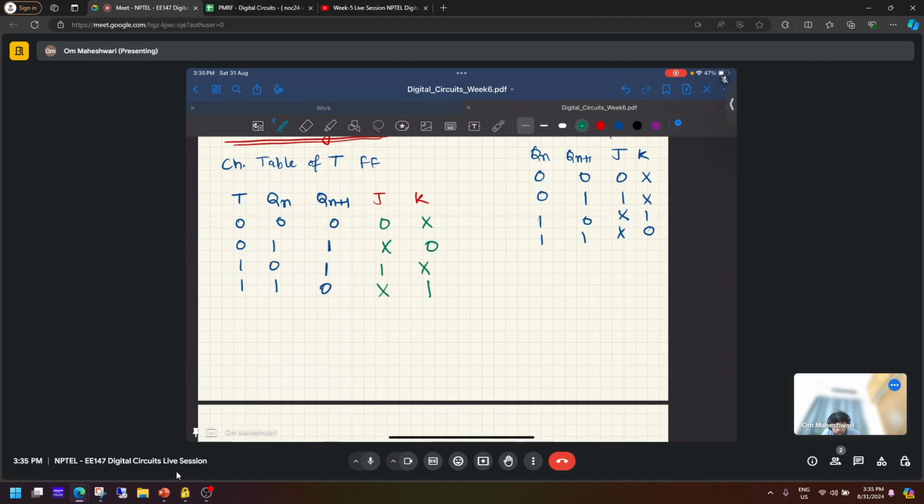Again, we need to make two K-maps, one for J in terms of T and Qn, and the other for K in terms of T and Qn.